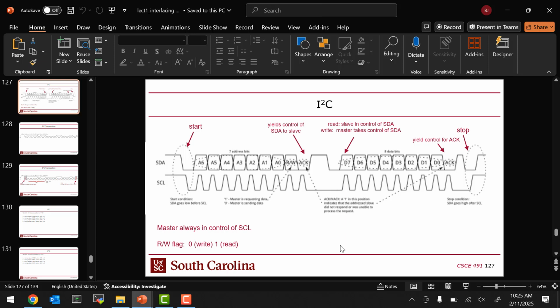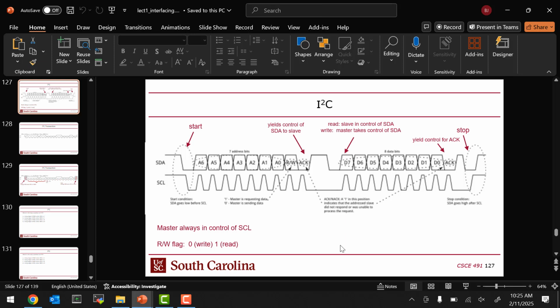But if you do have multiple things attached, the address is generally used as a way to target a specific peripheral, so the master can identify which slave it wants to communicate with. The sensor on the board has a device address, and every time you communicate with it, that address field is going to have the same address in it.